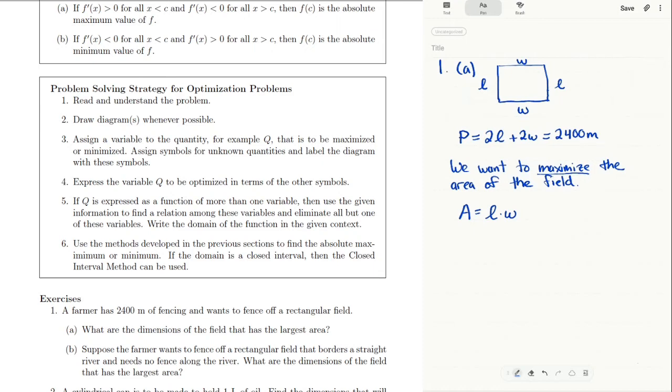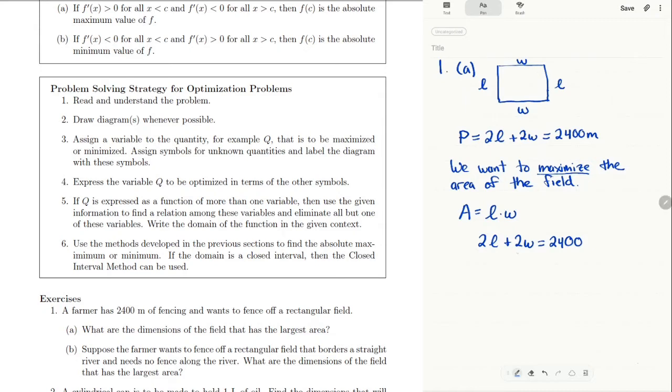We know that the perimeter has to be 2400 meters. And we're also given that the perimeter is 2 times the length plus 2 times the width, which needs to add up to 2400. So we can use this equation and solve for one of these variables.